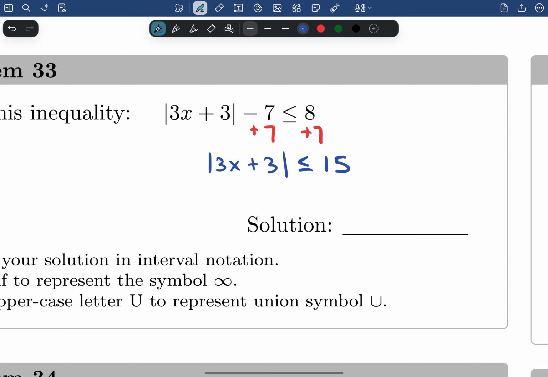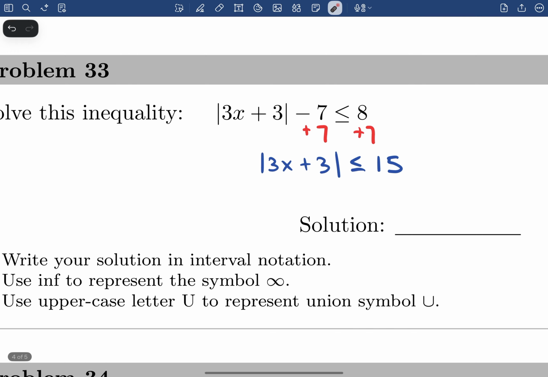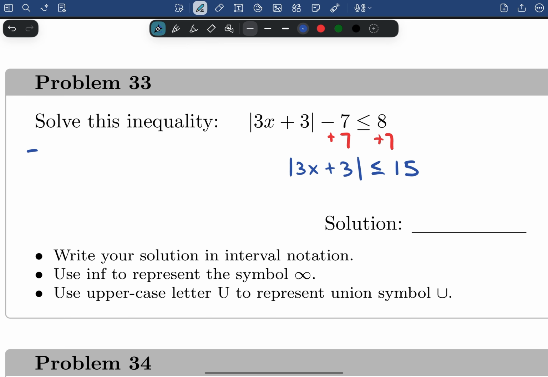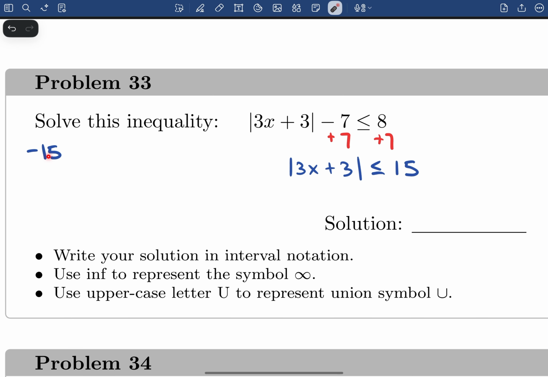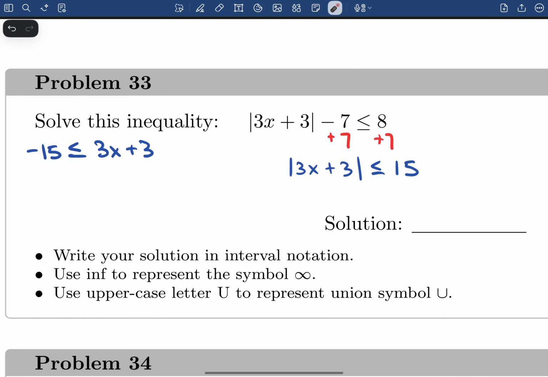Cool. Now, our goal is to get rid of the absolute value symbols. And we write this as an equivalent statement, taking 15 and making it negative. I'll do it over here. Take 15, make it negative. And now we have negative 15 less than or equal to 3x plus 3, which is the stuff in the absolute value, right?